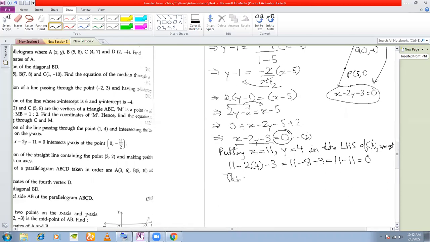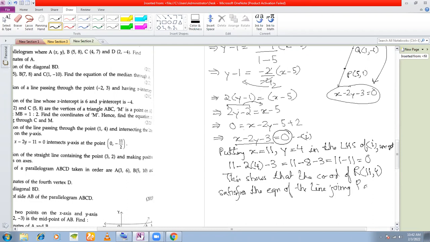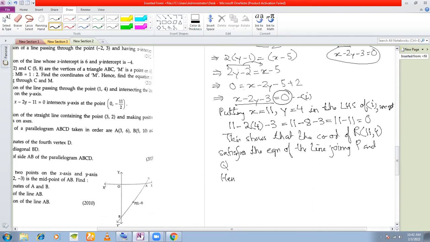So this shows that the coordinates of R (11, 4) satisfy the equation of the line joining P and Q, right? Hence we say, hence P, Q and R are collinear. Okay. So I'll stop here.